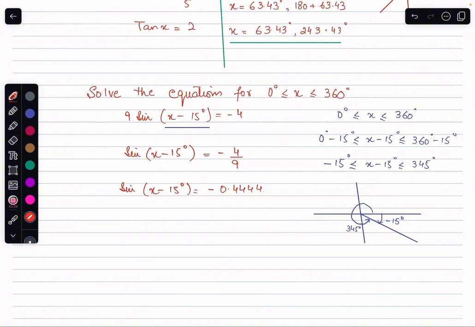Now we have already adjusted the domain. We have sine of x minus 15, which should be equal to negative 0.4444.